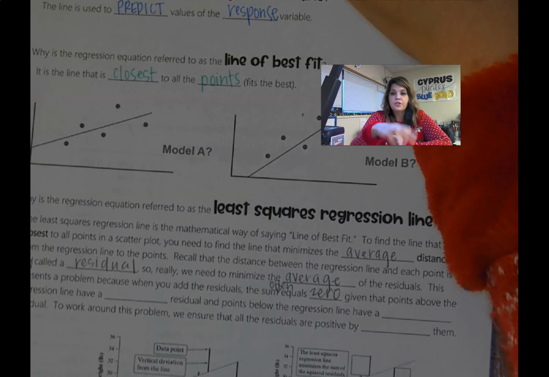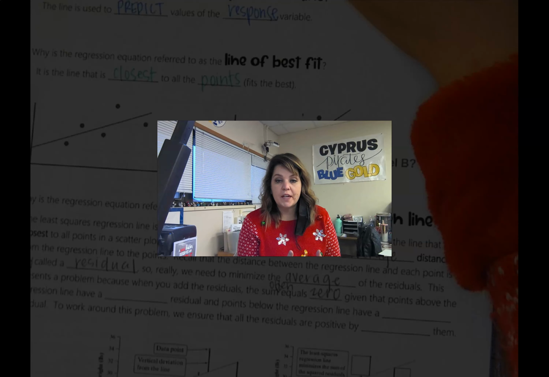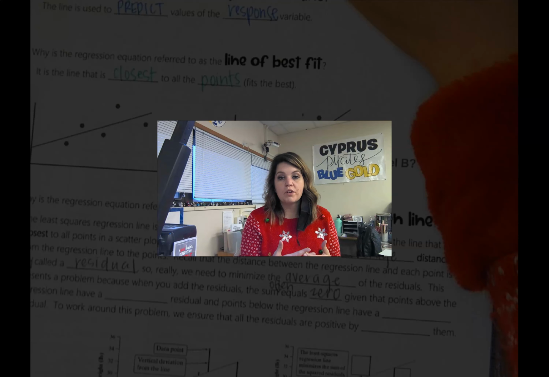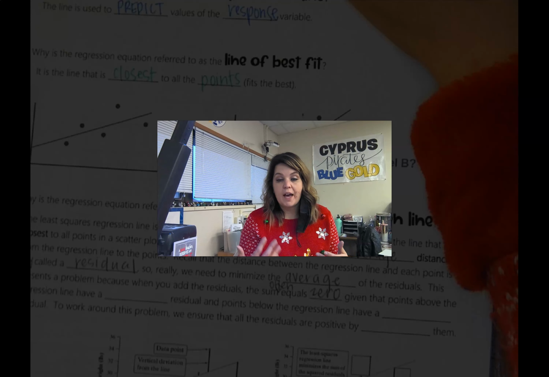When you are trying to find the line of best fit, depending on the line that you have, you may sum your residuals and it not equal 0, especially when you're testing lines, because what your calculator's doing when you find the least squares regression line is it's testing a bunch of lines, calculating the average residual, and then landing on the one that has the smallest.